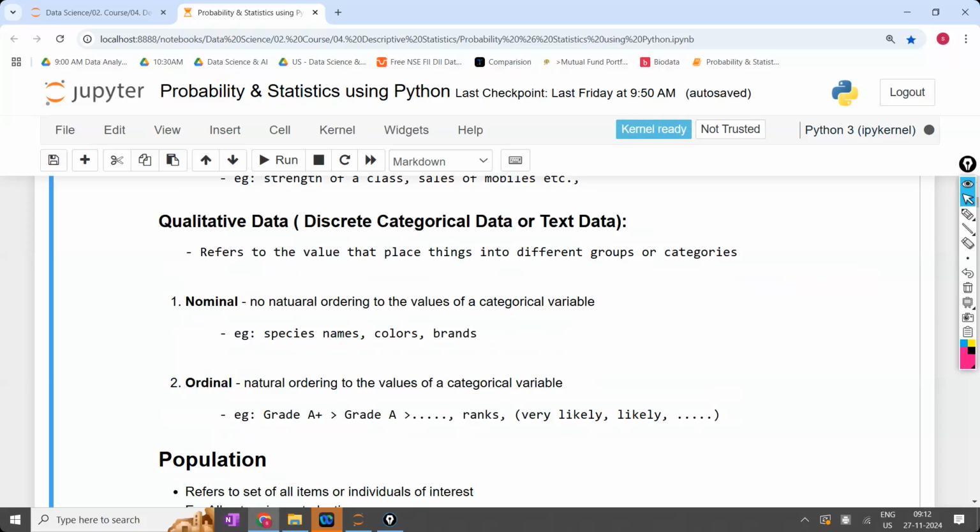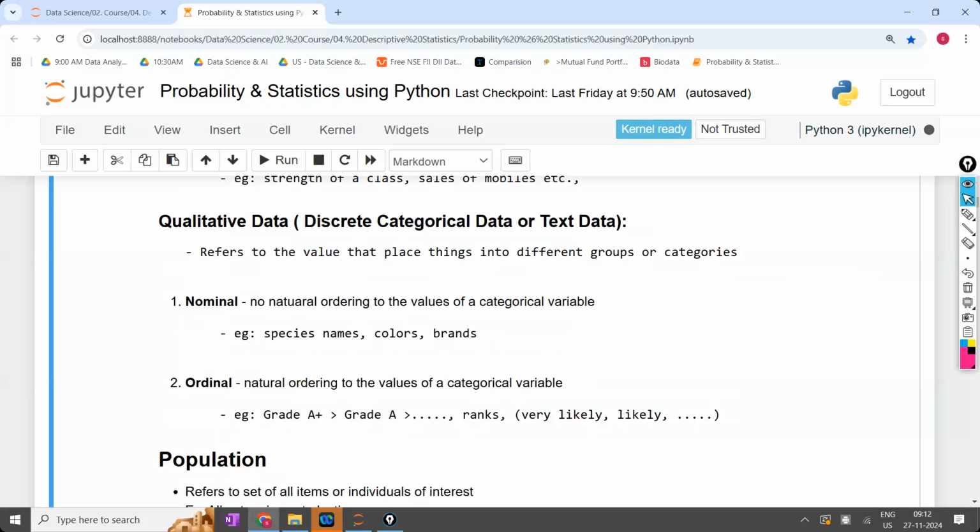So here, the probability. What are the probabilities we are having?